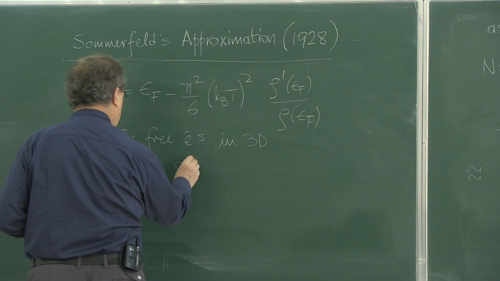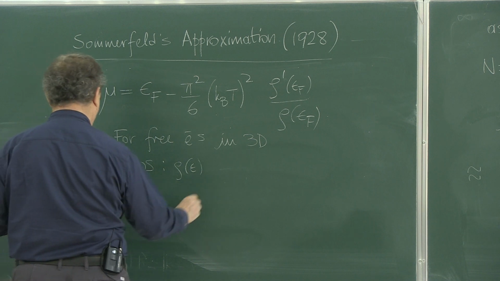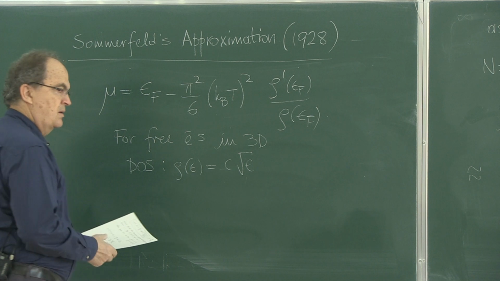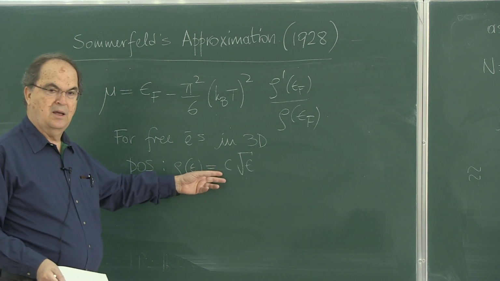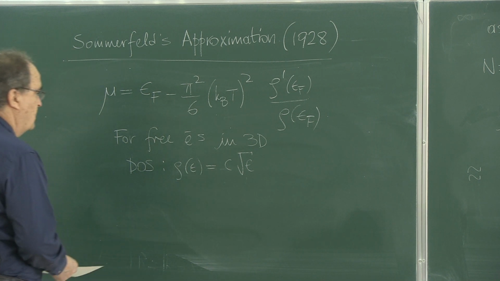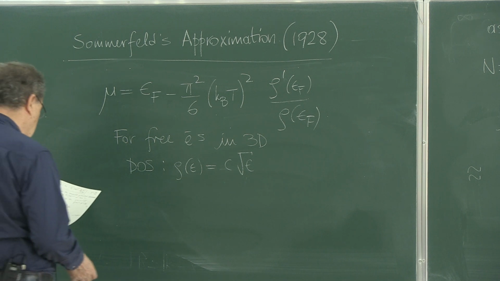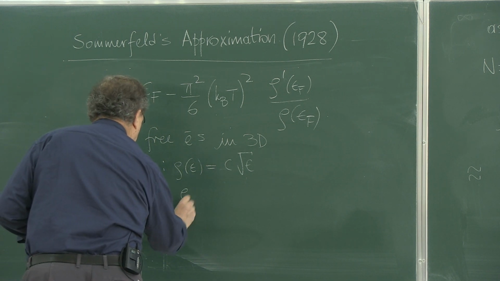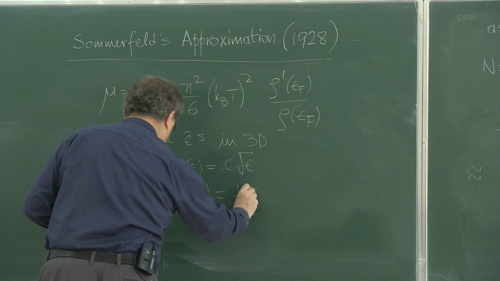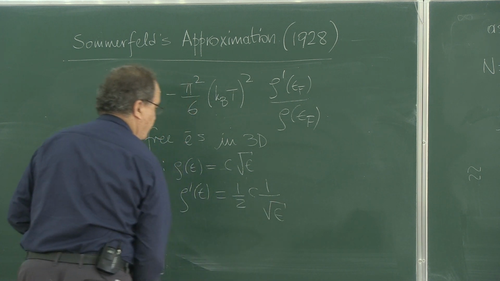In 3 dimensions, the density of states has mass and h-bar type of terms included in this constant, and is proportional to the square root of energy. So the derivative is 1/2 C 1 over square root of E, isn't it?